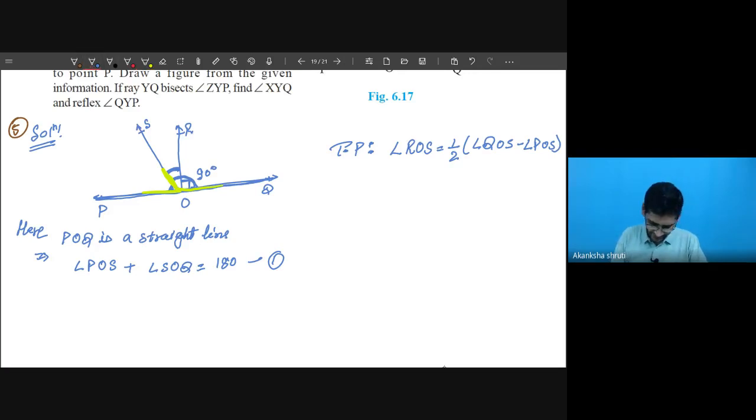Again, what is there? See, this angle is given as 90 degrees. This is the other angle that we need.